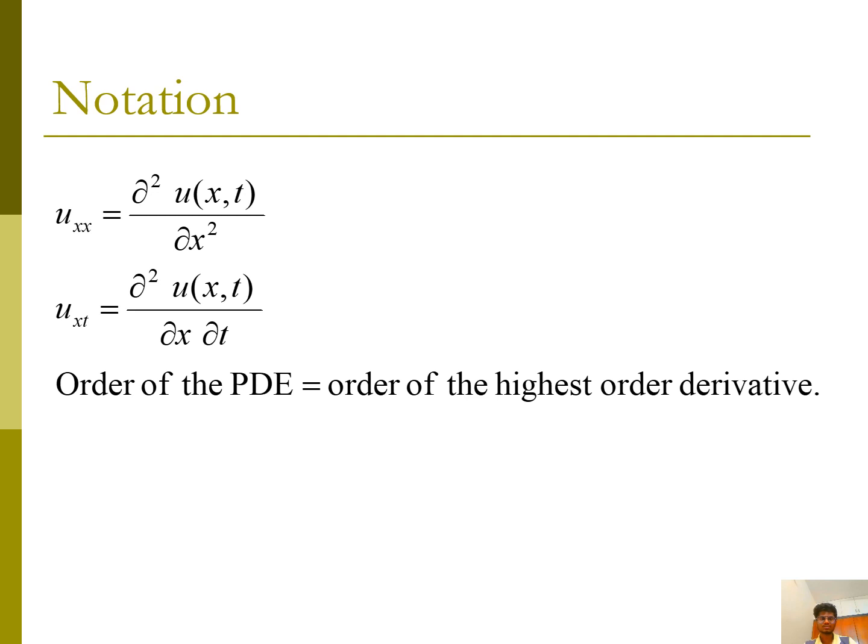Notation: u_x is equal to ∂u(x,t)/∂x, and u_xt is equal to ∂²u(x,t)/∂x∂t. The order of the partial differential equation is equal to the order of the highest order derivative.